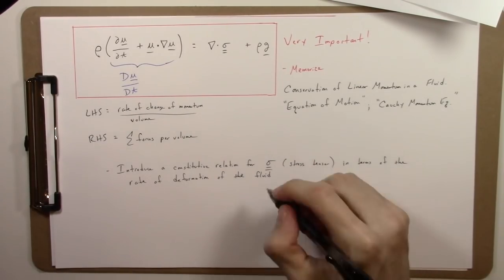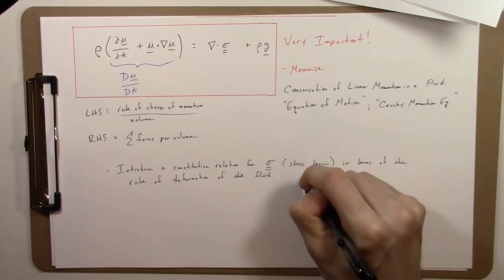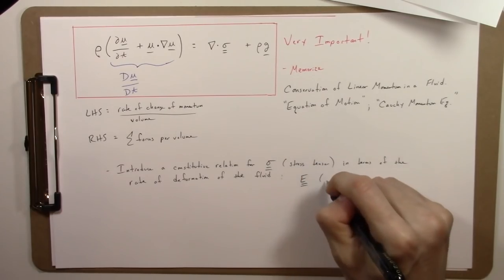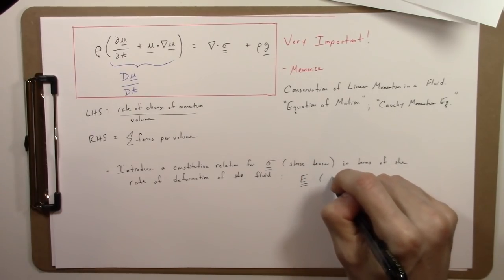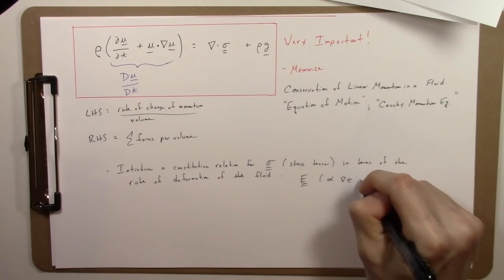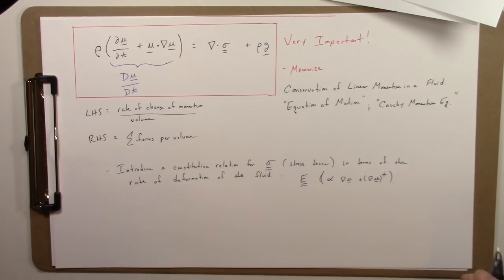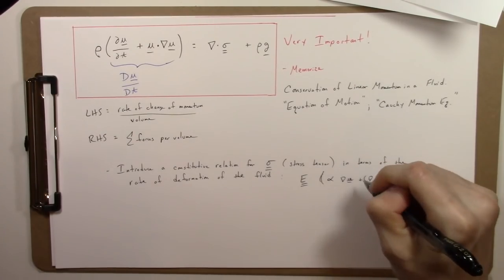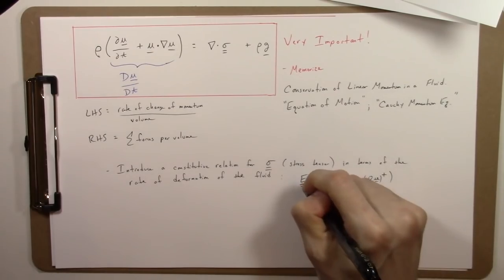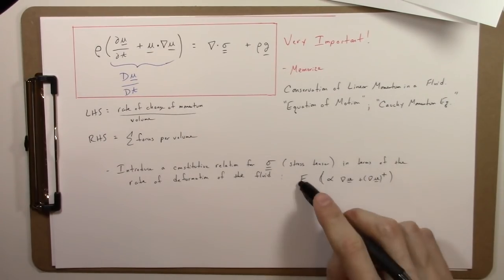Now that's the symmetric part of the velocity gradient tensor. We call that E. For an incompressible fluid, it's proportional to the symmetric part of del u, so it's del u plus del u transpose. That's the symmetric part. That's the rate of deformation or rate of strain tensor E.